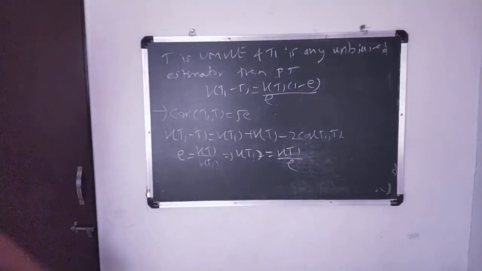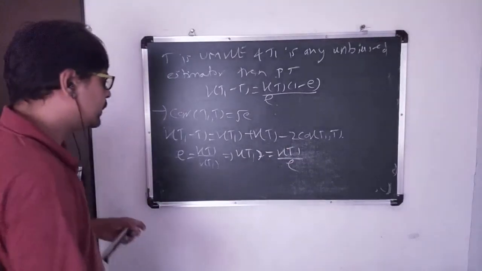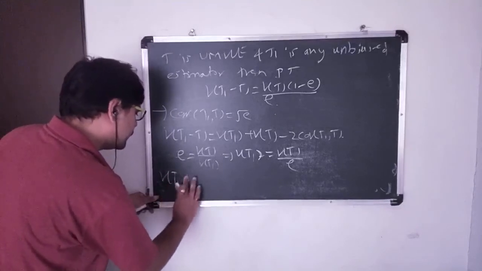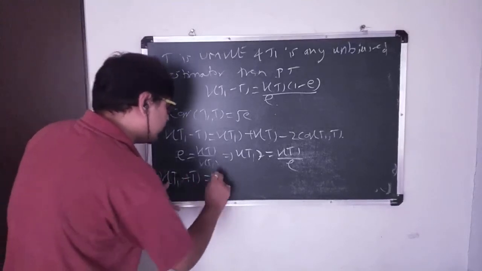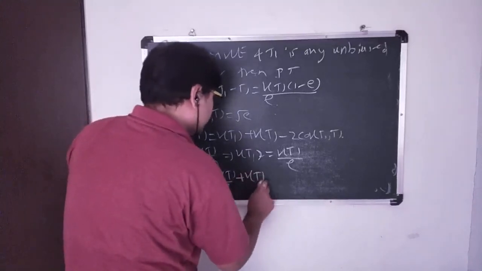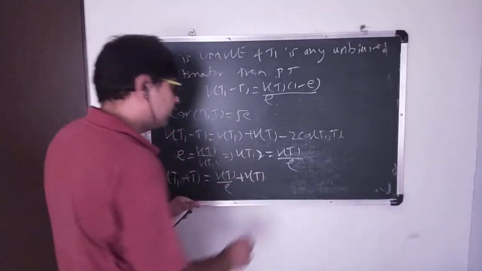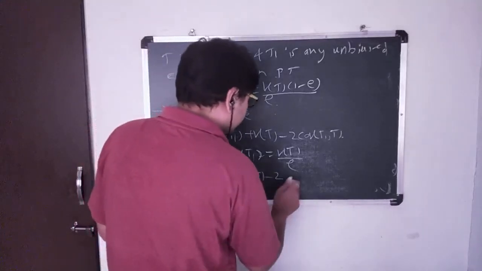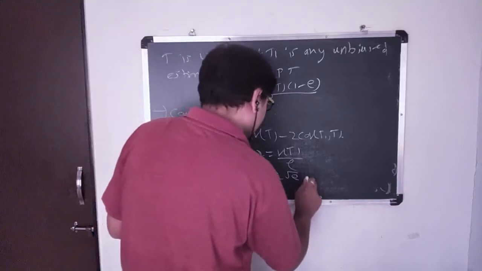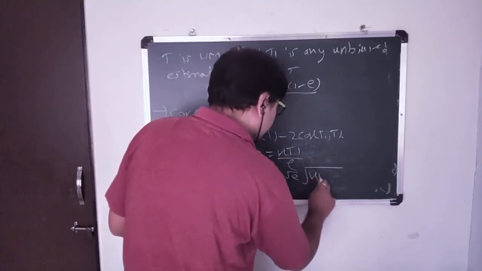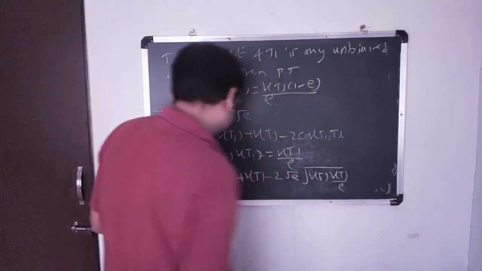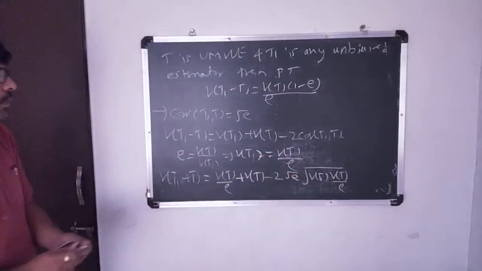So variance of T1 minus T is equal to variance of T upon e plus variance of T minus 2 times correlation, which is root e, into square root of variance of T into variance of T1, which is variance of T upon e.